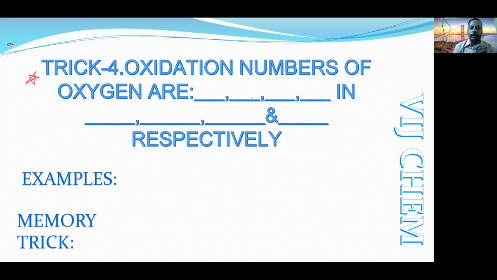The oxidation number of oxygen is 0, -2, -1 and -1/2: 0 in the elementary state, -2 in oxides, -1 in peroxides, and -1/2 in superoxides.